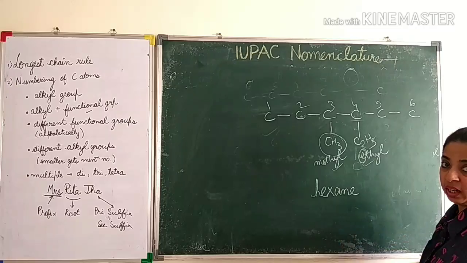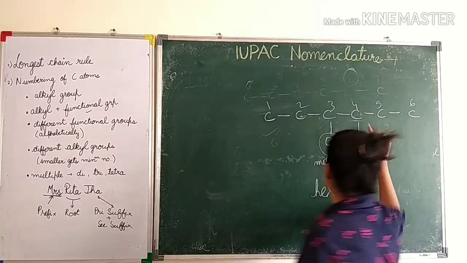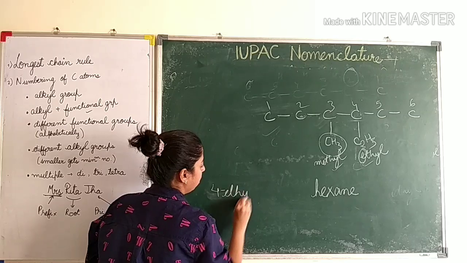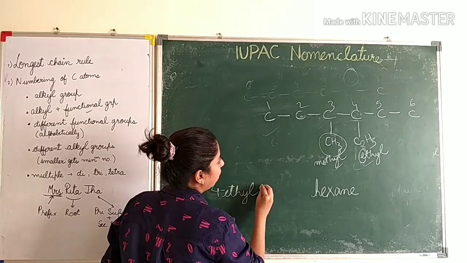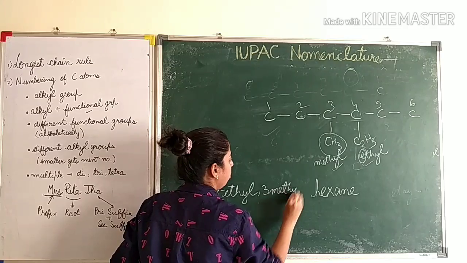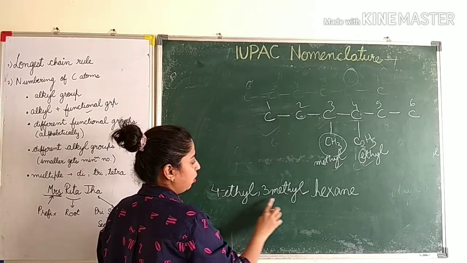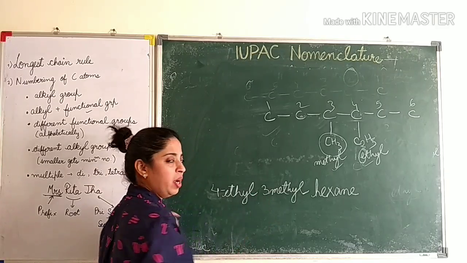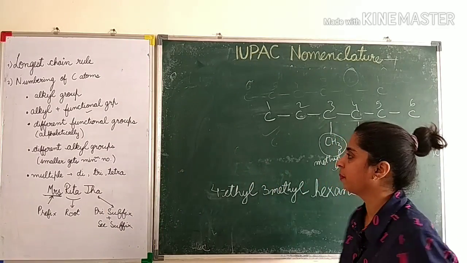But while naming we will name it alphabetically. So at 4 position ethyl is there, so I will write 4 ethyl and comma it is 3 methyl. So 4 ethyl 2 methyl hexane is its name. Even if you don't put a comma, it is perfectly okay in ICSE, right?